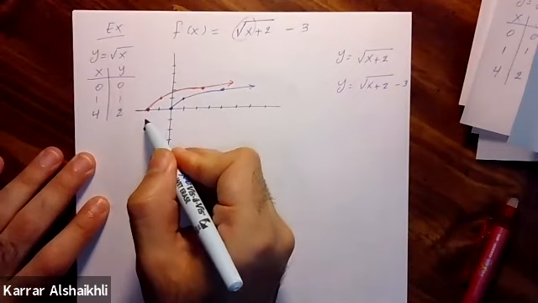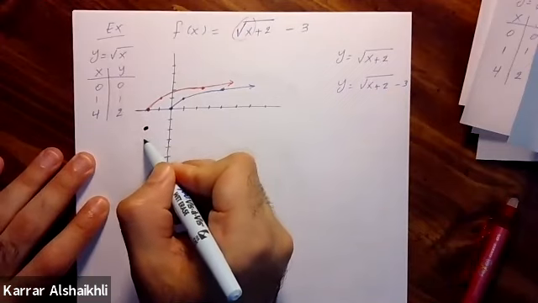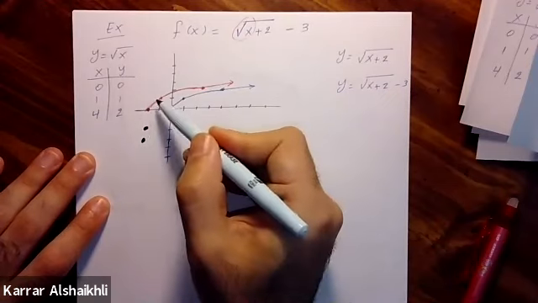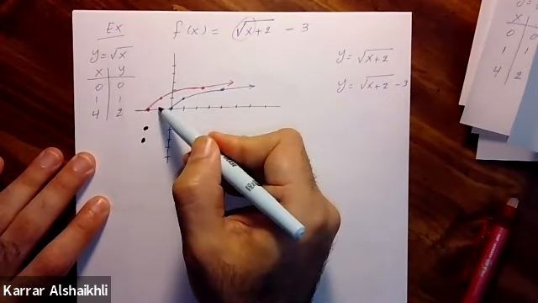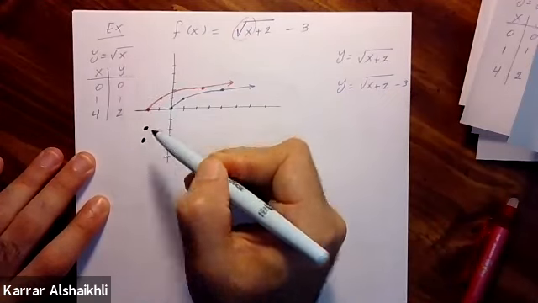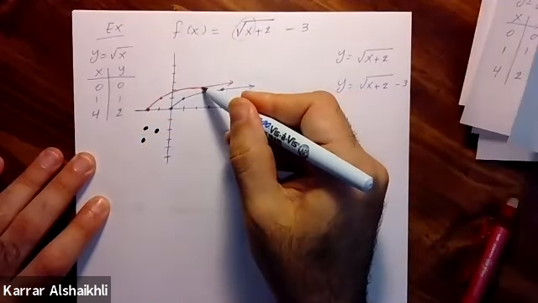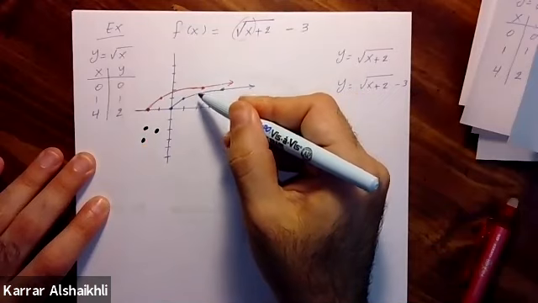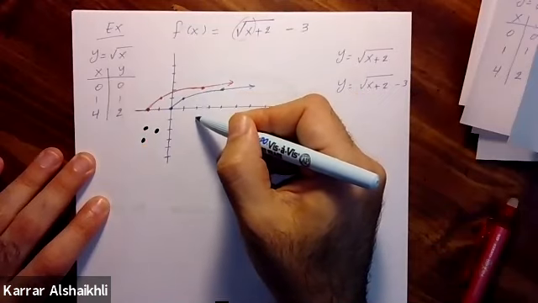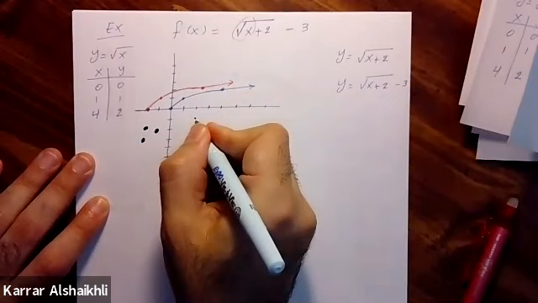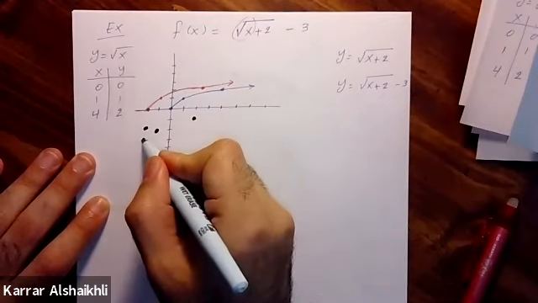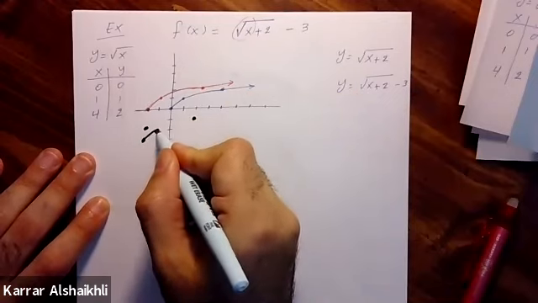This is the point. 1, 2 is supposed to be here. 3. Shift this 3 units. 1, 2, 3 is going to be here. And shift this point 3 units. 1, 2, 3. It's going to be here. So the new graph is going to be like this.